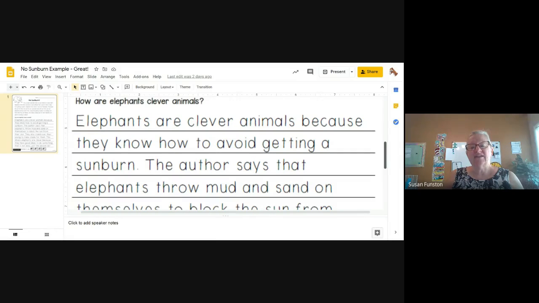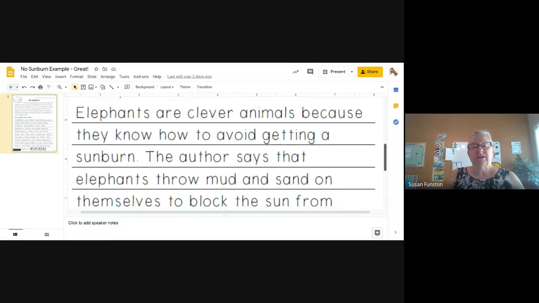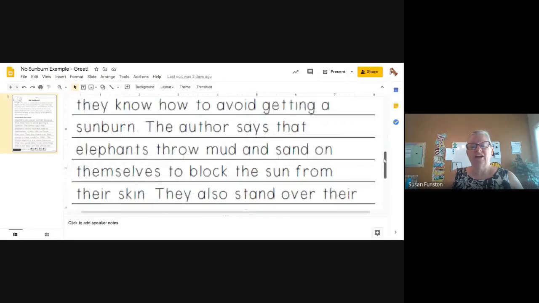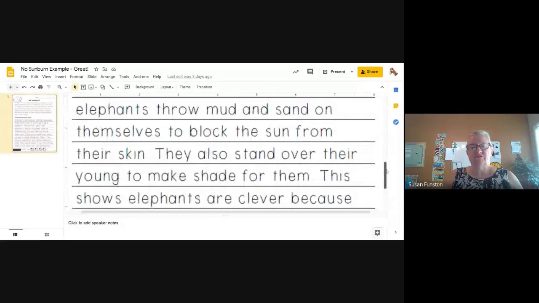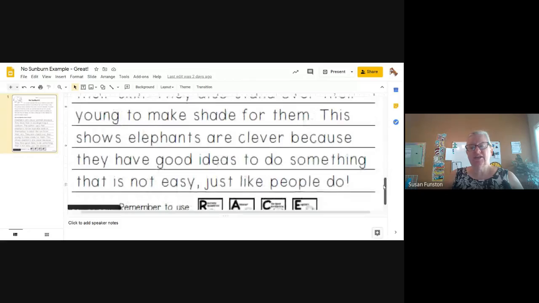The author says, oh, sounds like they're citing some text evidence. So here's our C. The author says that elephants throw mud and sand on themselves to block the sun from their skin. They also stand over their young to make shade for them. So there we have some text evidence. Here comes our explanation, or our E for in our race.